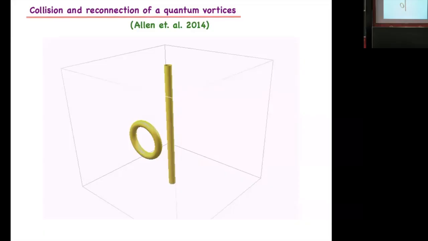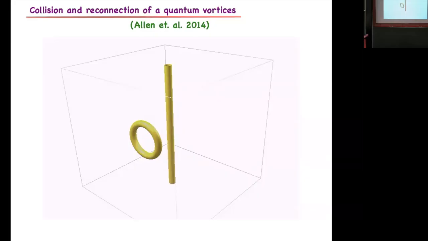As Alicia said, this is a visualization of a ring. In actual fact, the ring has a nodal line for the wave function.